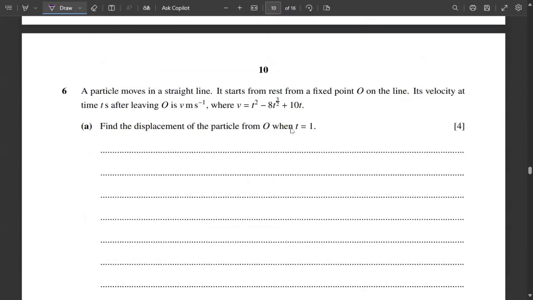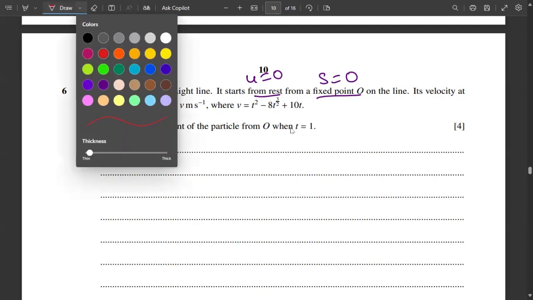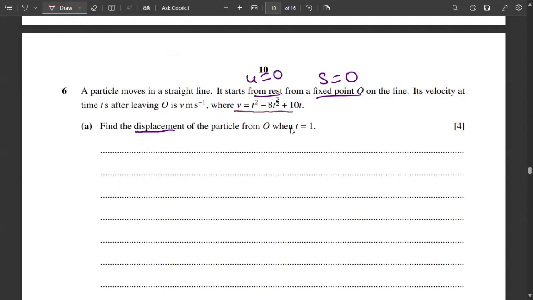The sixth question is about velocity, acceleration, and all integration and differentiation. A particle moves in a straight line, starts from rest, that means u equals 0, from a fixed point, that means displacement is 0 initially. Its velocity at time t after leaving this point is given. Find the displacement. Okay. So right now we have a velocity time graph. And from a velocity time graph, if you want a displacement time graph, then what we need to do is integrate.